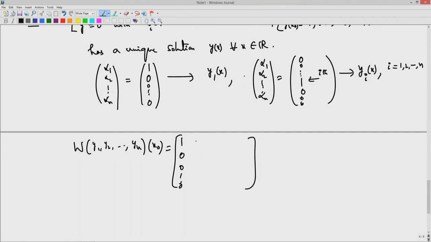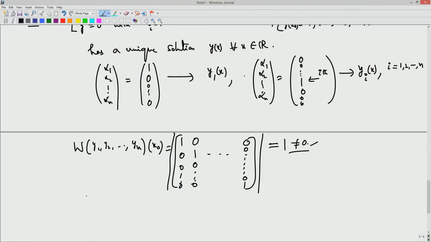The other one, y2, will be 0 1 0 0 0. Like that you go on, 0 0 0 everywhere, and the last is 1. So, this Wronskian is the determinant of this matrix. Okay. This is equal to 1, which is non-zero.